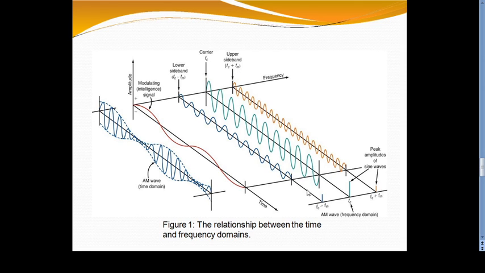So we can see the frequency domain representation of the amplitude modulation wave: fc minus fm is the lower sideband, fc is the carrier frequency, and fc plus fm is the upper sideband. These are the peak amplitudes of the sine waves. This figure defines the relationship between frequency domain and time domain.